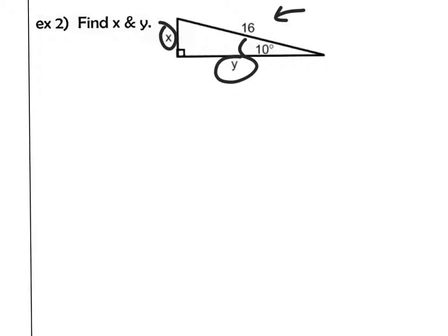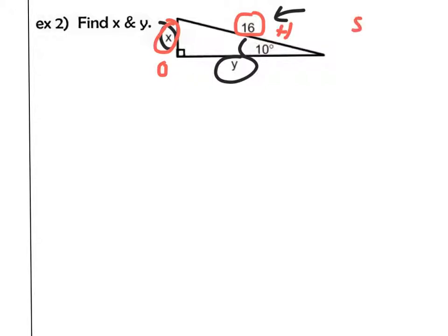So I'm going to start with x. I'm going to circle this in red. And I'm going to circle this in red. The one that I know is the hypotenuse, the one that I'm trying to find first. I have to do these separately. The one I'm trying to find first is x, and that is the opposite side that the angle is.